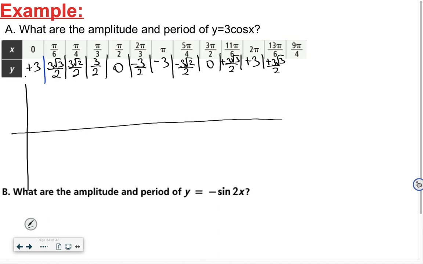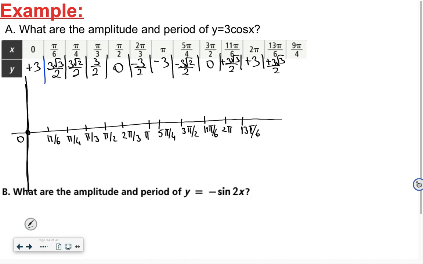This is y and x values. Your x values start from 0, pi over 6, pi over 4, pi over 3, pi over 2, 2 pi over 3, pi, 5 pi over 4, 3 pi over 2, 11 pi over 6, 2 pi, and 13 pi over 6. So what are your values?